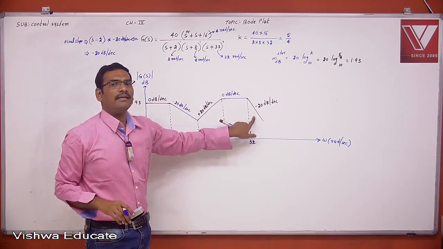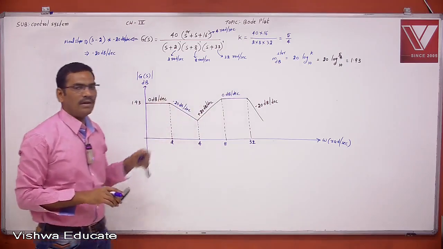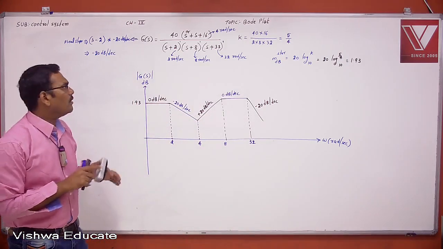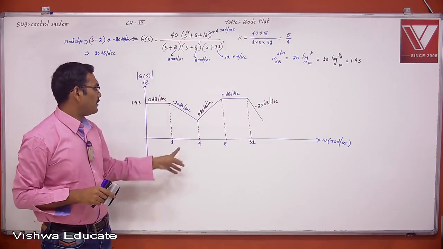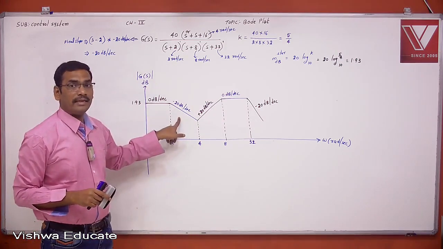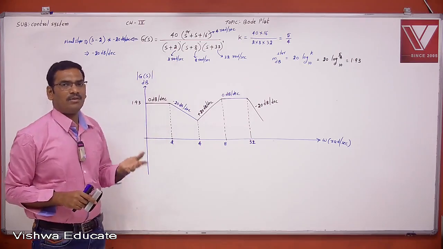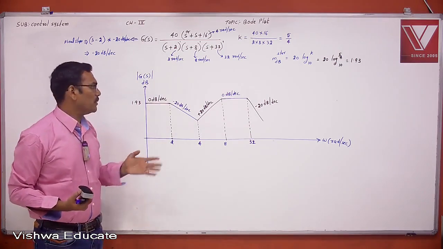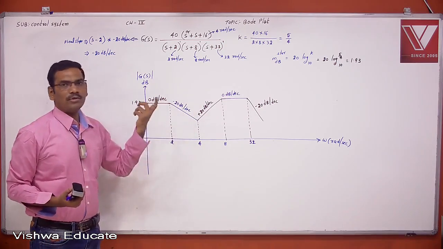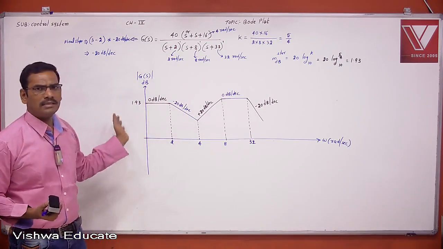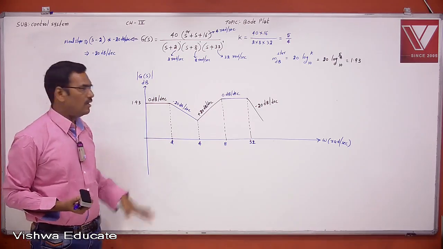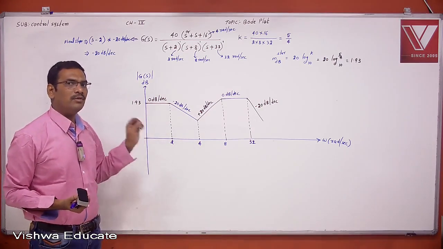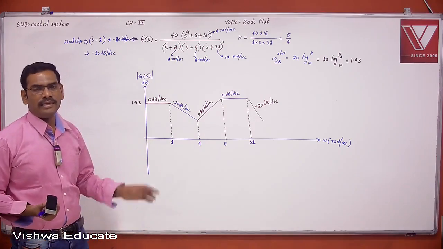Whatever you get while drawing the Bode plot should be the same or not. Then you can easily get the answer. Even if you check the slope of the line from 2 to 4 as minus 20, you can get it. Whether the change in slope is correct or not, you can check with a shortcut method. Apply all these things and you can easily tell whether it is correct. Don't draw this plot. The plot is already available in the options, so you can pick which one is correct and eliminate which one is wrong.